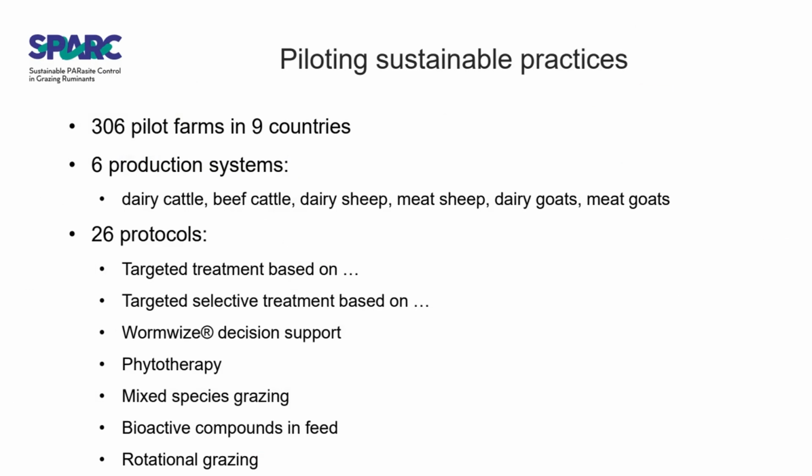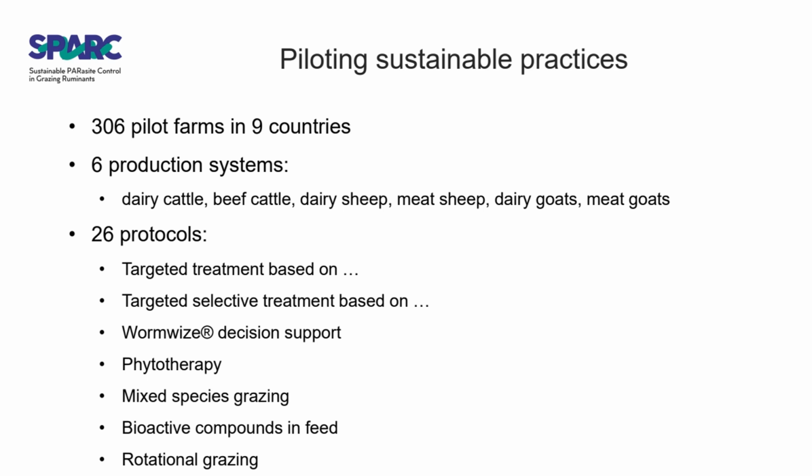A key thing that we are doing in Spark is piloting sustainable practices. So for the moment, we have 306 pilot farms in 9 countries. These pilot farms cover 6 different production systems: dairy cattle, beef cattle, sheep, dairy sheep, meat sheep, and goats. And in each of the farms, we are testing different protocols depending on the local situation and the local experiences.